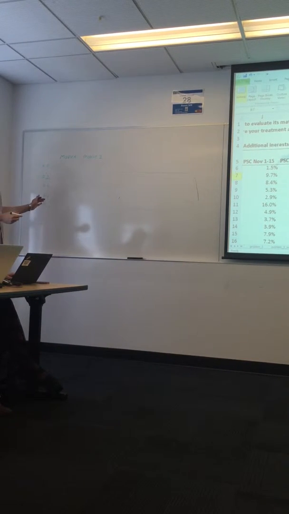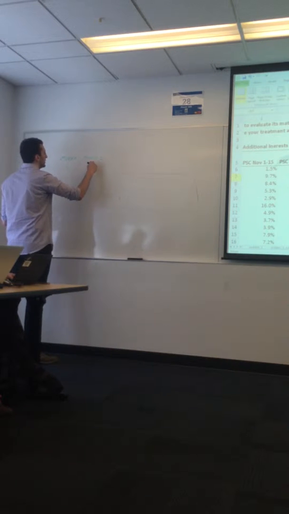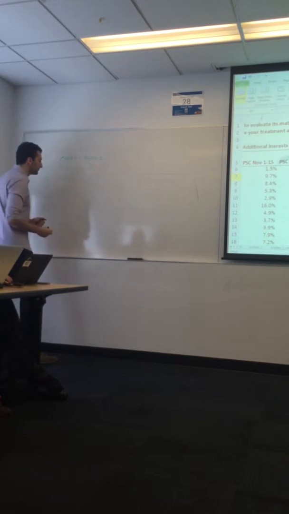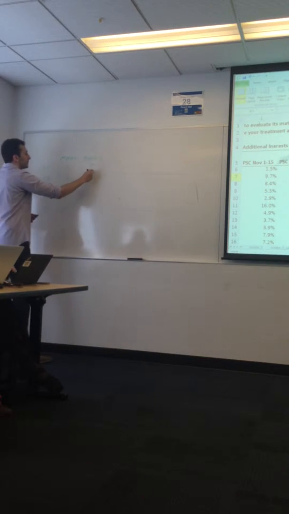And now each of these people rank these movies. So 3, 5, 4, 2, 4, 4, 2, 3, 5. Now let's say that I am person 1.